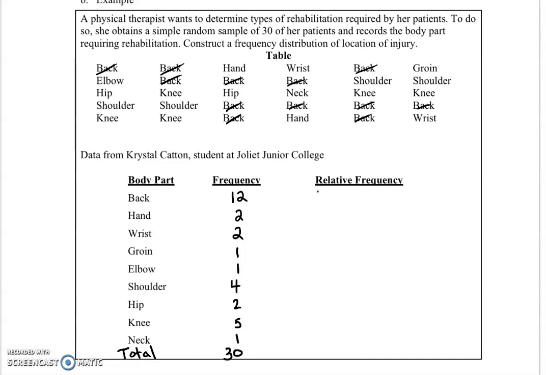Now, to find the relative frequency, we take the number in that category. So we have 12 back patients, and we divide it by the total number of patients, which is 30. And then we make it a decimal. So we have 0.4 for that one. Continuing, 2 over 30 is 0.0667.